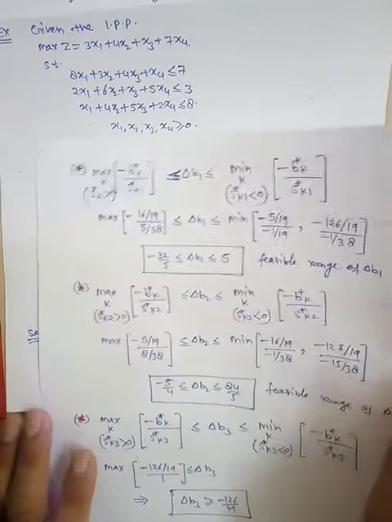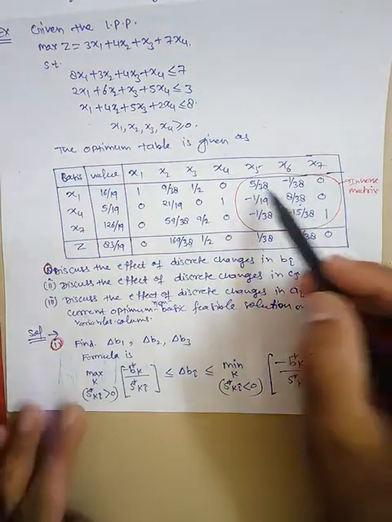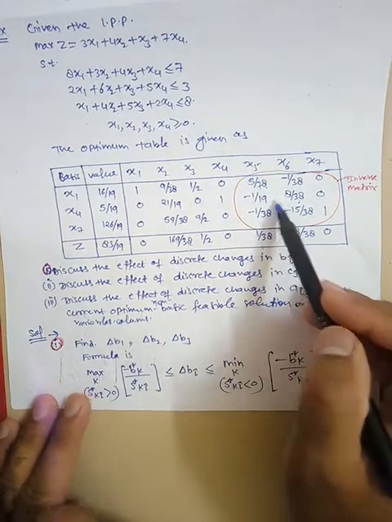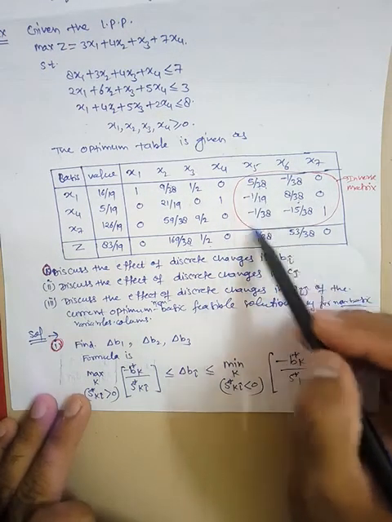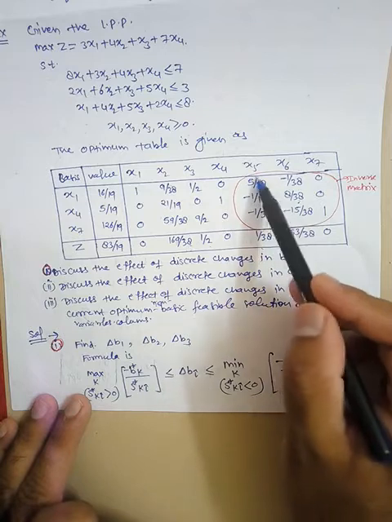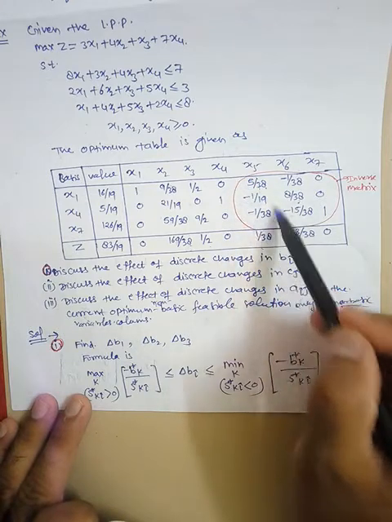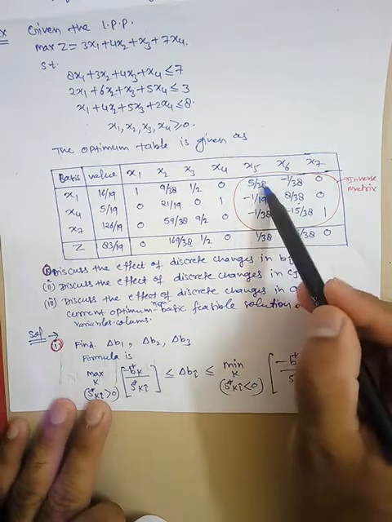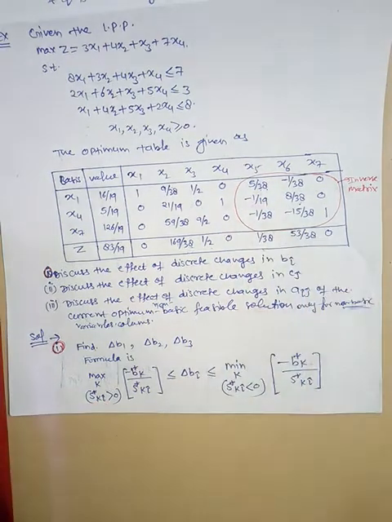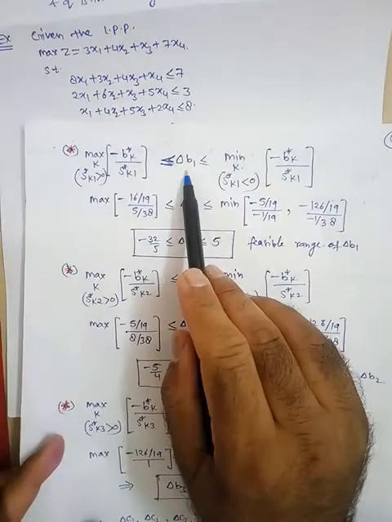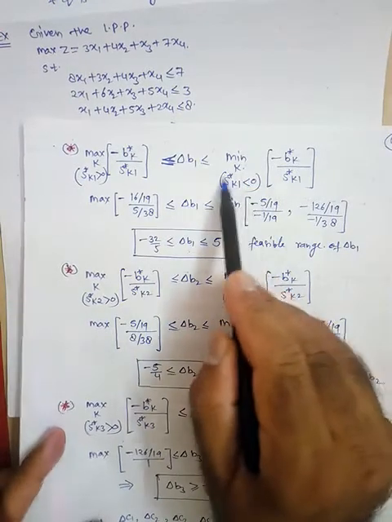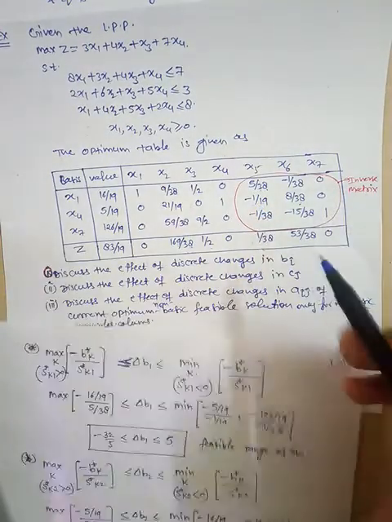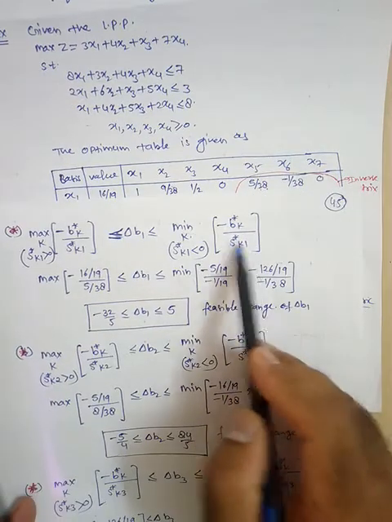Fine. So how to apply? We have to move in the first column of the identity matrix. Here you can see we have some positive terms and some negative terms. This is positive and these two are negative. So this corresponds to the positive term, this corresponds to the negative term. So in this formula, here is the negative term. That's why these two ratios, and here is b star k divided by s star k.